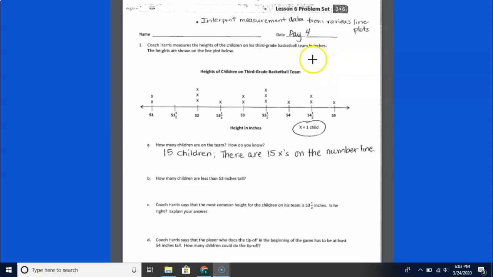In our line plot, we can see that there's a title. The title of our line plot is Heights of Children on a 3rd Grade Basketball Team. We can also see that there's a label down here which tells us what our measurements on the line plot represent.